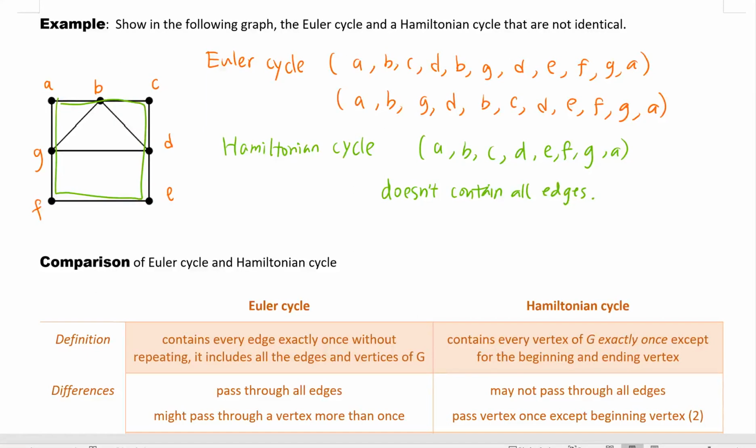You just need it to pass through the vertices exactly once, except the beginning and the ending vertex.